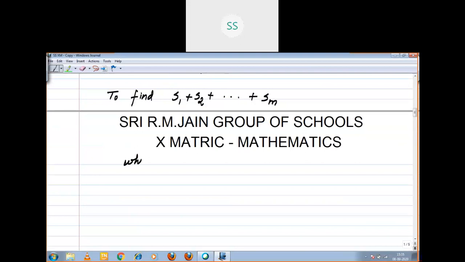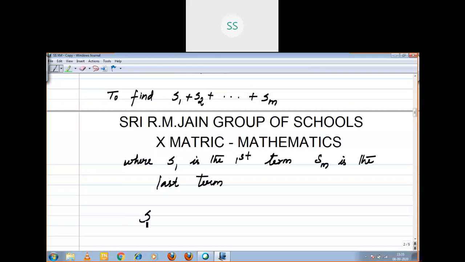Now, what is your Sn original format? Sn equals n by 2 into (L plus A), because you know the last term and you know the first term, but you don't know the value of n, right?